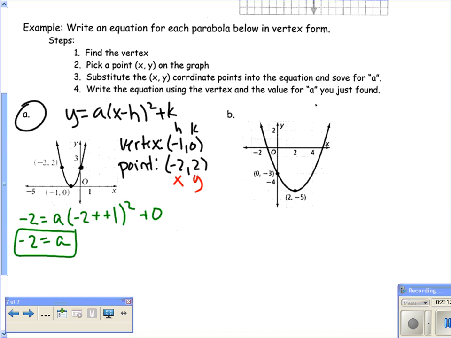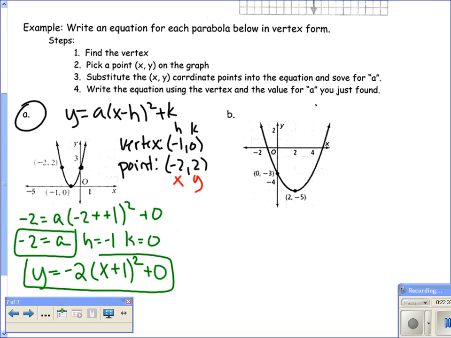So a is equal to 2. Now that I have that, I know h is -1 and k is 0, so I can write my equation. Y equals 2 and then x minus h, so x minus minus becomes plus 1 squared and then plus 0. So this would be the vertex form for my equation.